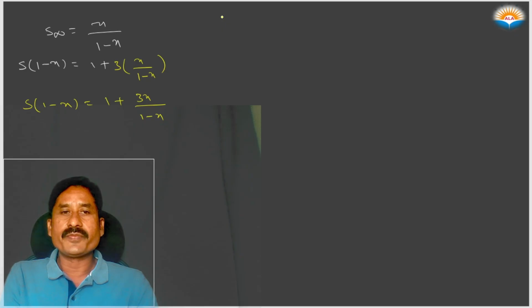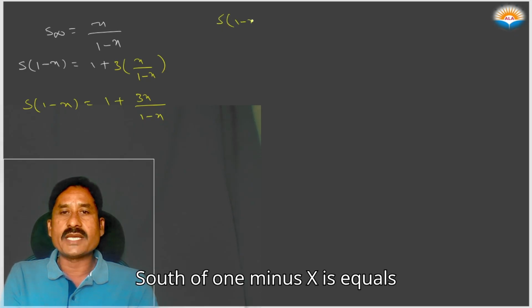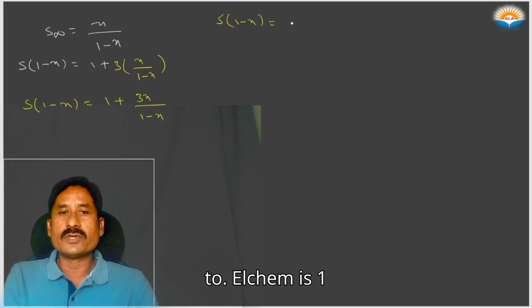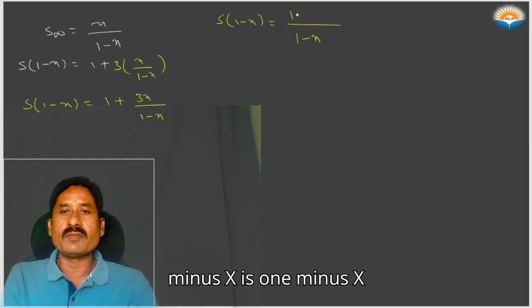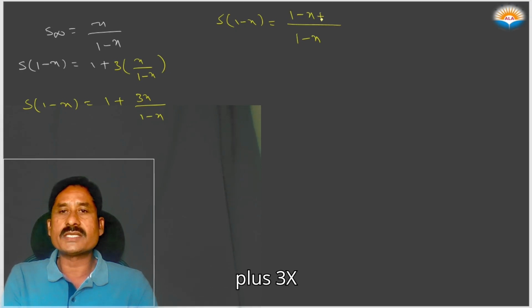That is, S of 1 minus x is equal to, LCM is 1 minus x. 1 into 1 minus x is 1 minus x plus 3x.